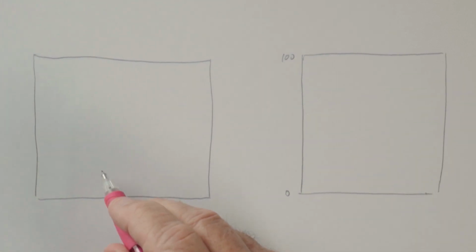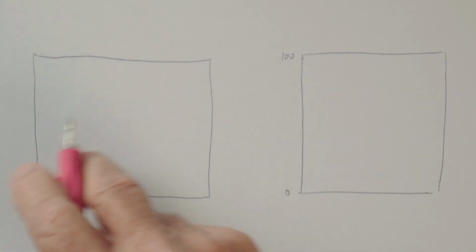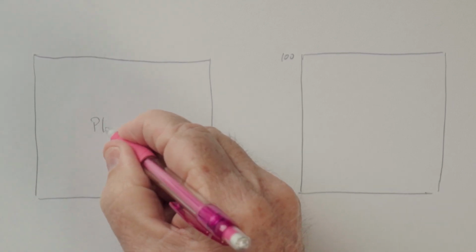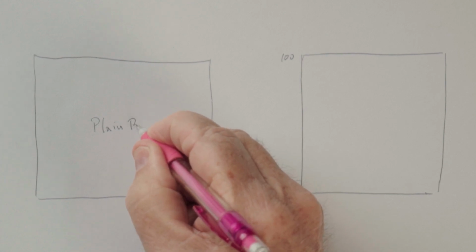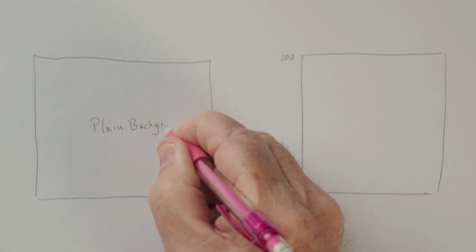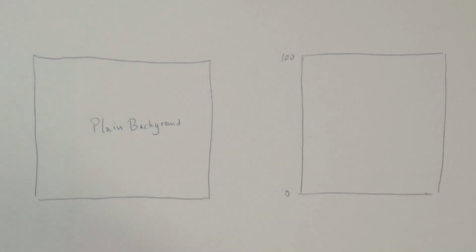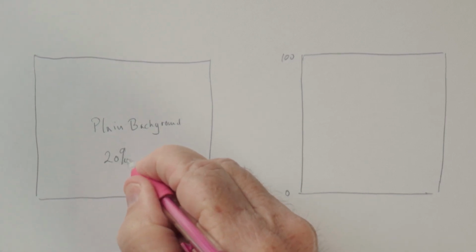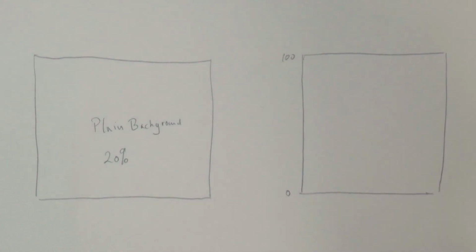Over here, let's make our scene just a plain background, and let's make its brightness 20%. That's not necessarily the correct exposure for this background, but it's just a number. The background looks about right when we set it at 20%.